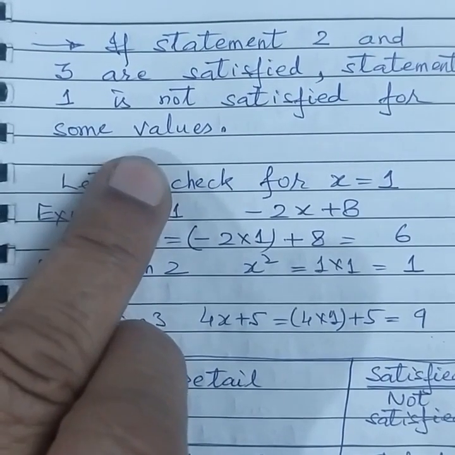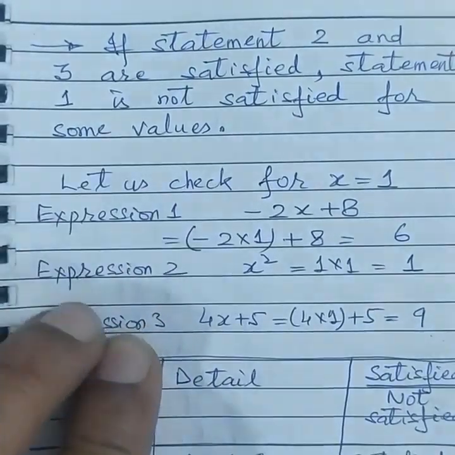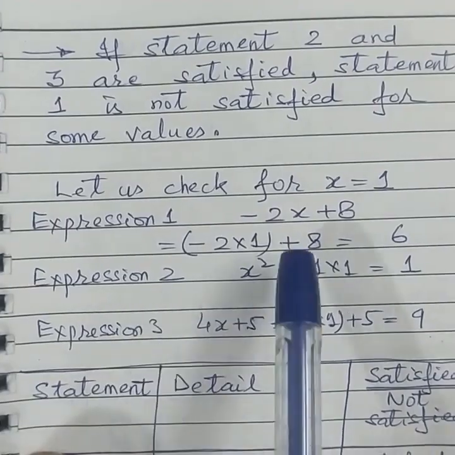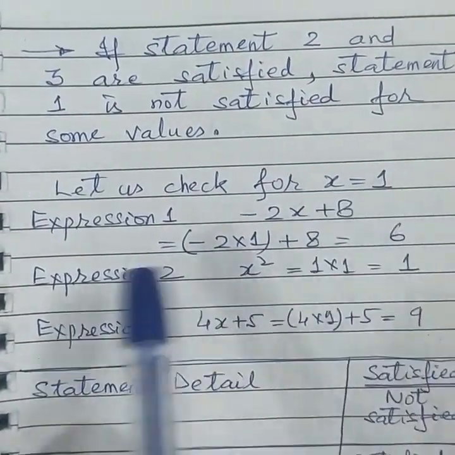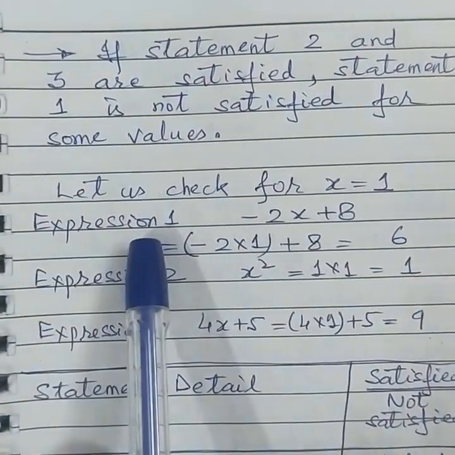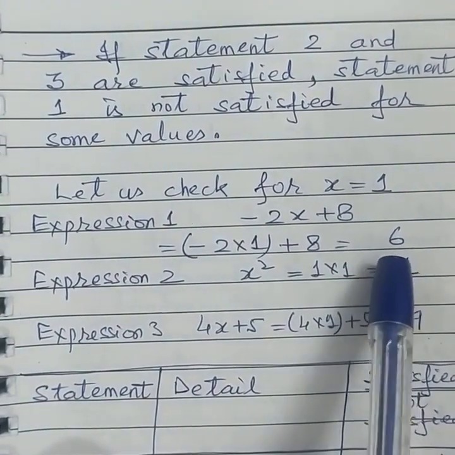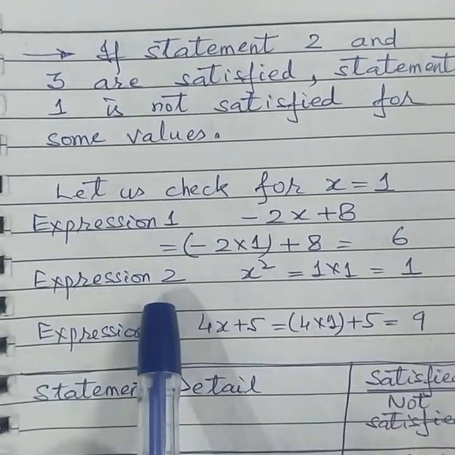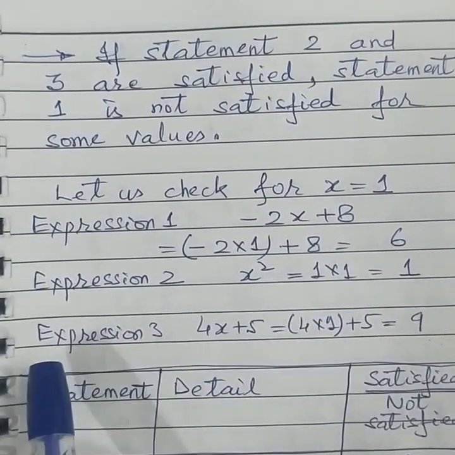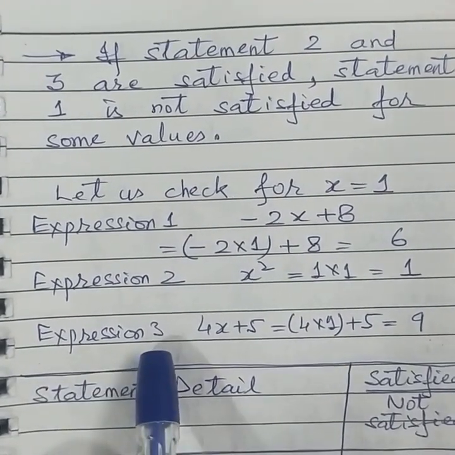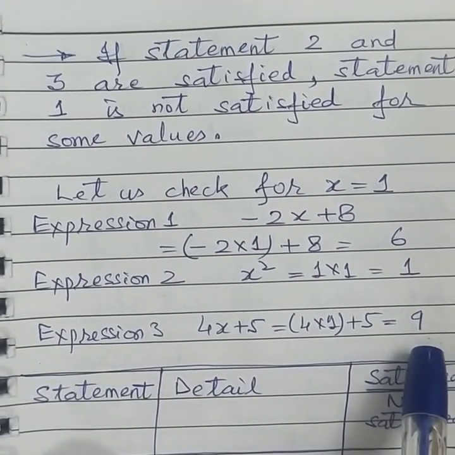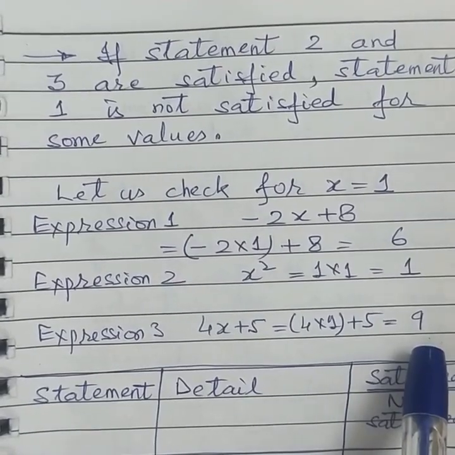If statement 2 and 3 are satisfied, statement 1 is not satisfied for some values of x. Let us check for x equals 1. The value of expression 1 is 6, the value of expression 2 is 1, and the value of expression 3 is 9 for the value of x being 1.